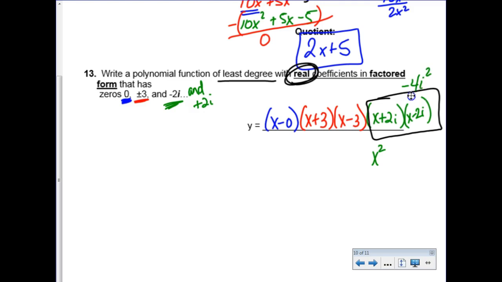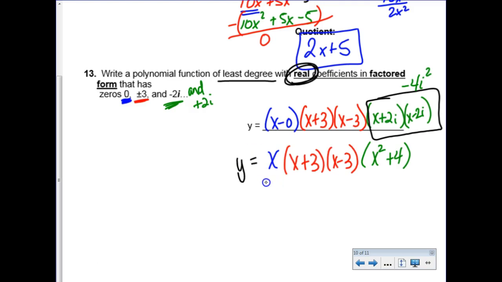It's negative 1, so negative 4 times negative 1 is really a positive 4. You can change this back to an x if you don't want to write x minus 0. You're going to leave this as x plus 3 times x minus 3. So the only thing you had to be really careful about was you did have to multiply those complex conjugates together. All right.